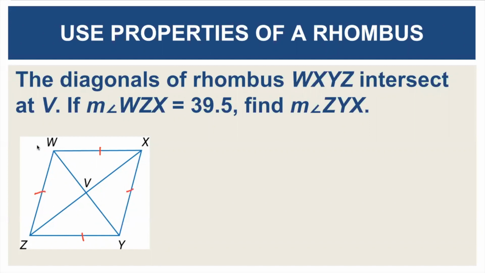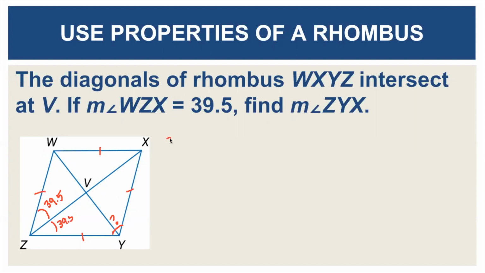It tells us that WZX is 39.5, so that's this angle. And we need to find ZYX, which is this whole entire angle. If it's a rhombus, the diagonals bisect the angles, so this angle here is also 39.5.